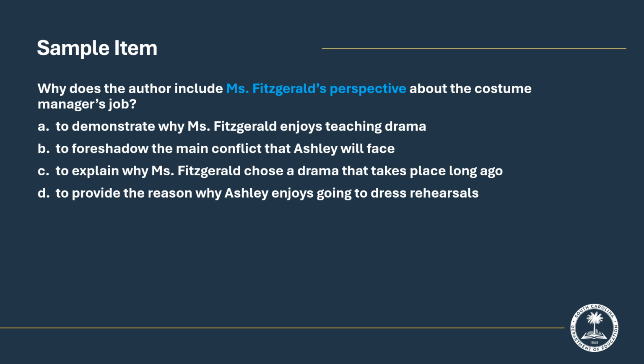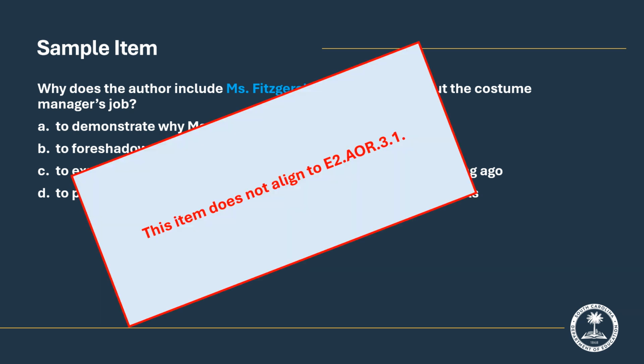Does it still align to the 2024 standards? No, it does not align, and this is indicated in the sample release item document on our webpage. But let's look at why it doesn't align to English 2 AOR 3.1 and what could be asked to make it align.